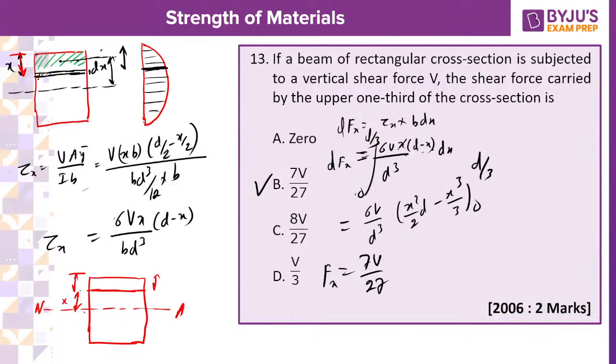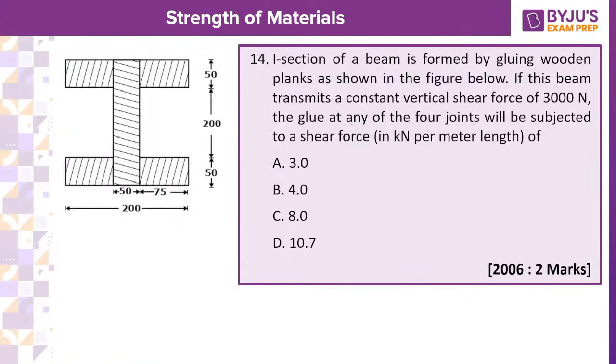Yes, if you are taking it from the neutral axis, then it will be from d by 6 to d by 2. Are you able to understand that? Did you get that? Okay, now what about this one? How will you solve this one?